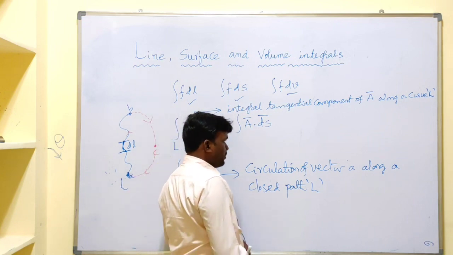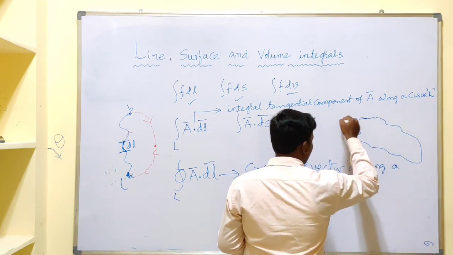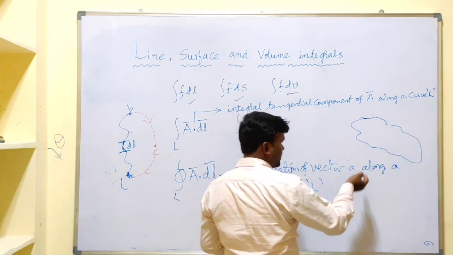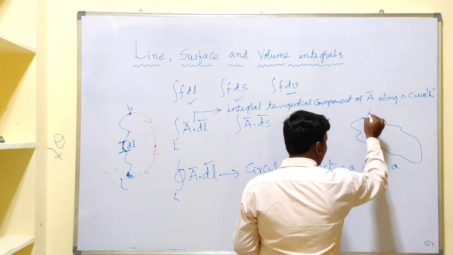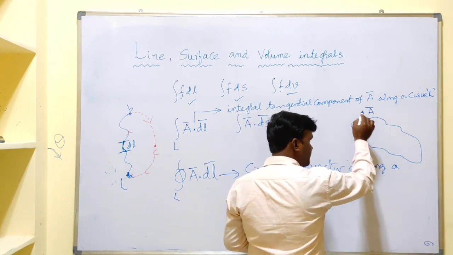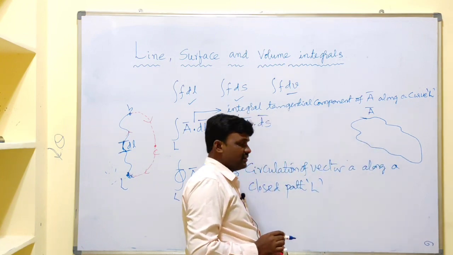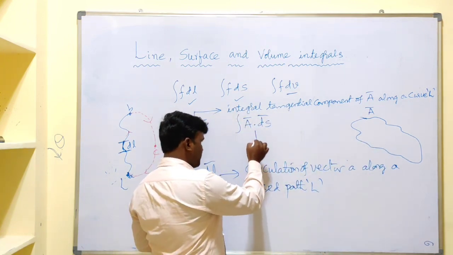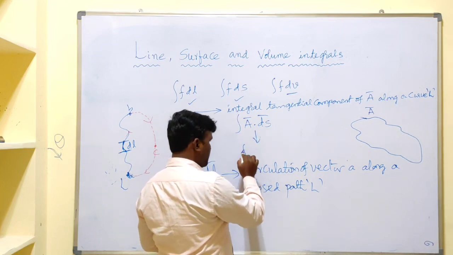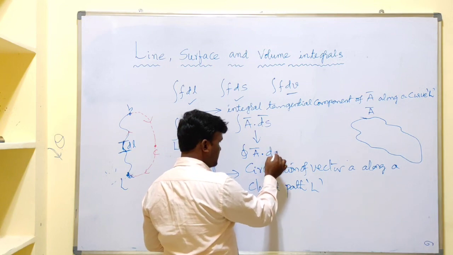Next, for a closed surface, if a vector A is defined and continuous in this region, the closed surface integral of that vector can be written as integral A bar dot ds bar.